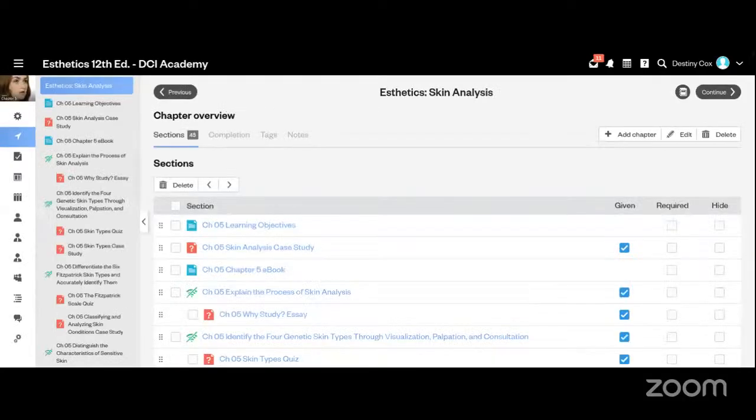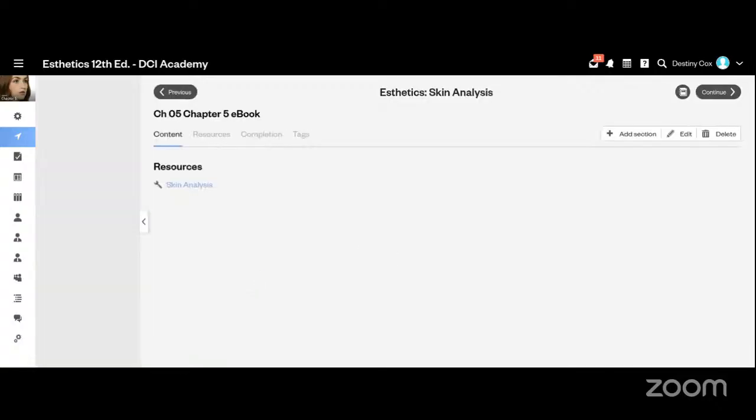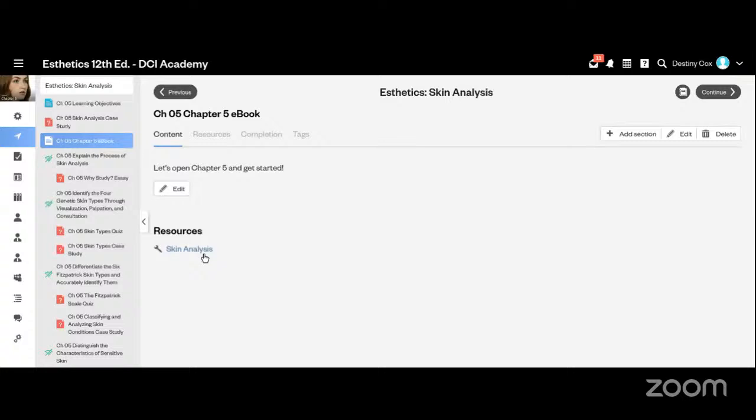Going into the ebooks. Skin analysis. Okay, in this chapter, we're going to do a lot of case studies. So I want you to have a notebook that's dedicated solely to this chapter, because we're going to do a lot of evaluating of skin types and what's going on personally with the skin and how to build solutions.